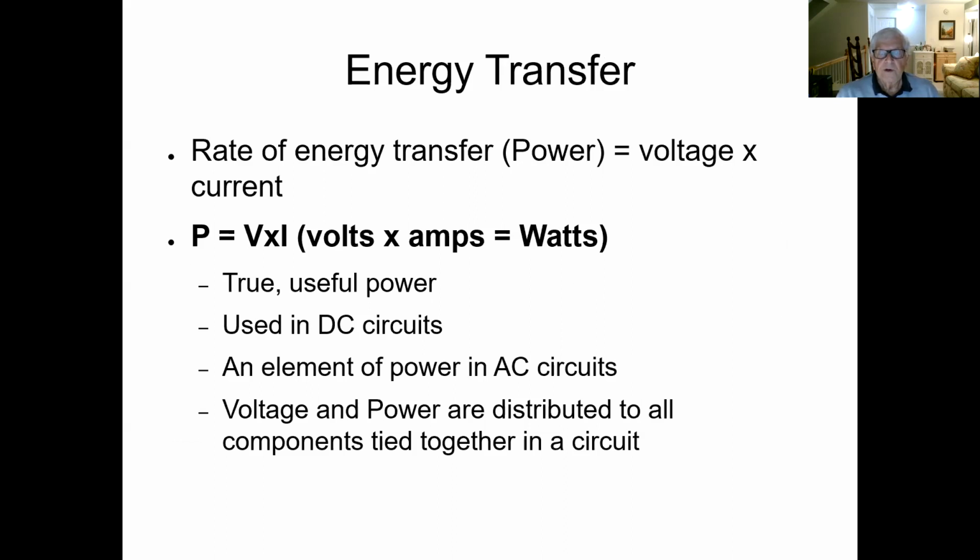But of course, we want to know the energy transfer, and for that we use the rate of the energy transfer, which we call power, which is the voltage times the current. The current is the movement part of it. The voltage is the charge part of it. So when you multiply the two together, you get watts.